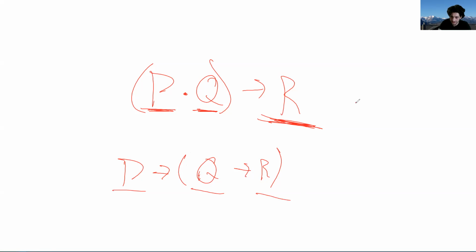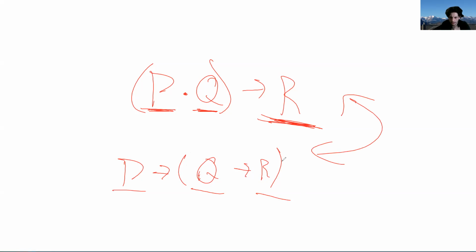And because this is an equivalence rule, we can go backwards and forwards. I'm not spending much time on it because this is one of the rules that's going to be less important than others. But these are all the sorts of things that I completely welcome email questions on. So that's exportation.